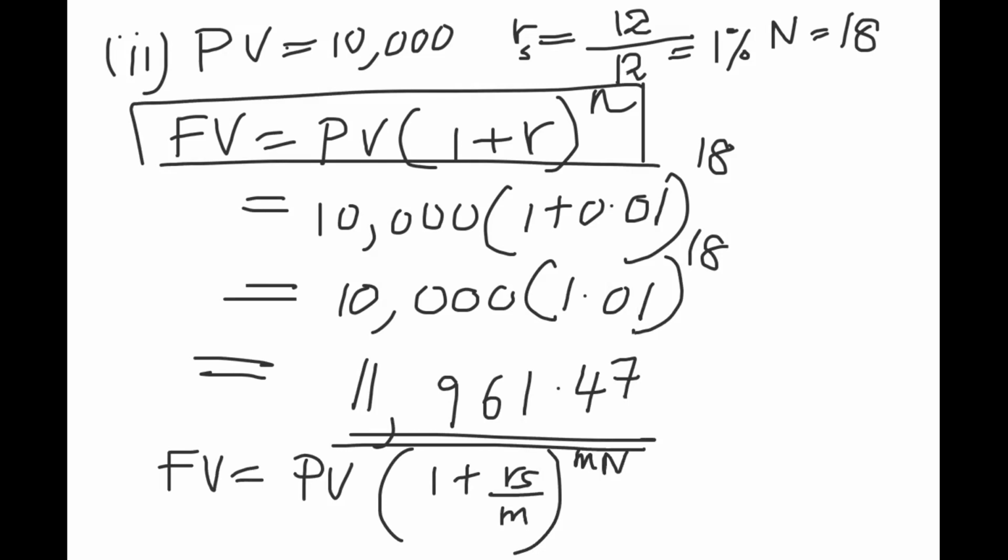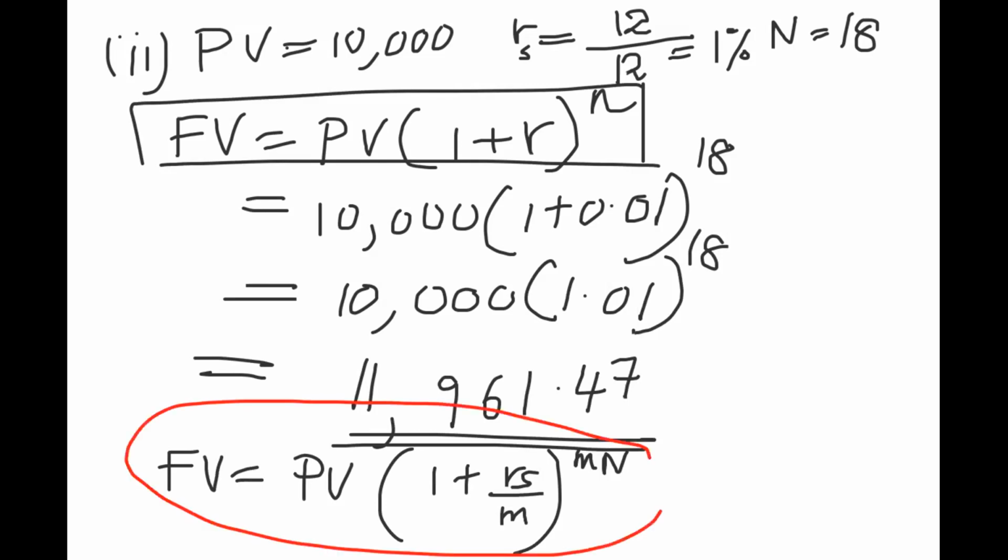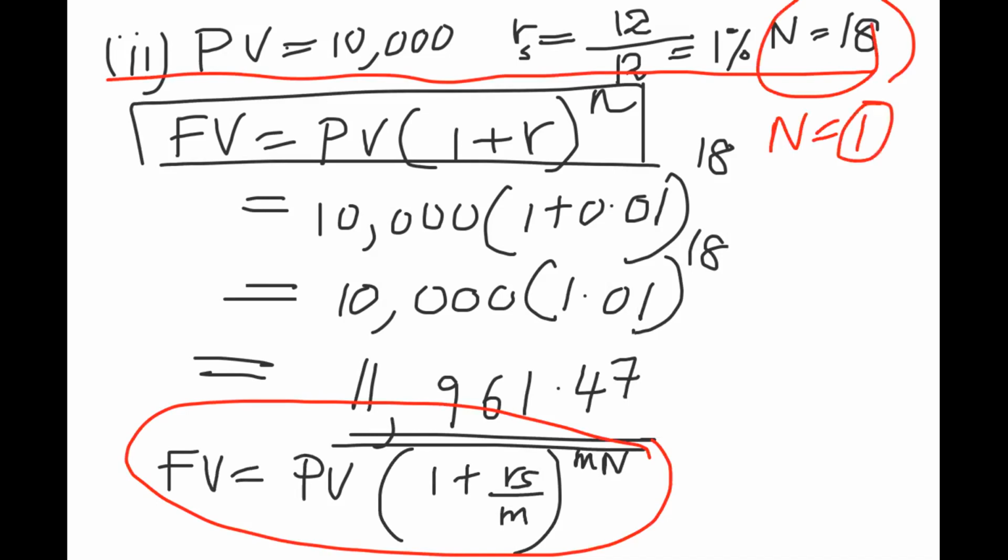You have to understand that we cannot use that formula, because here there's no frequency of compounding. Here only the number of periods changed. Therefore, you cannot use that formula. What you can use is this formula. This formula is the only one to be used. Right.